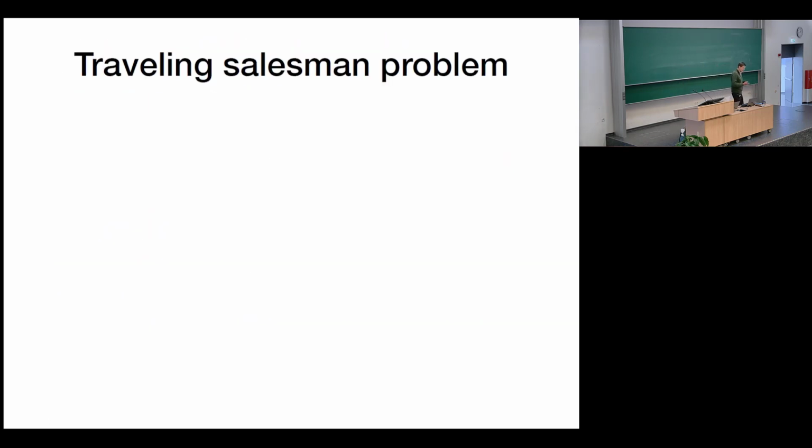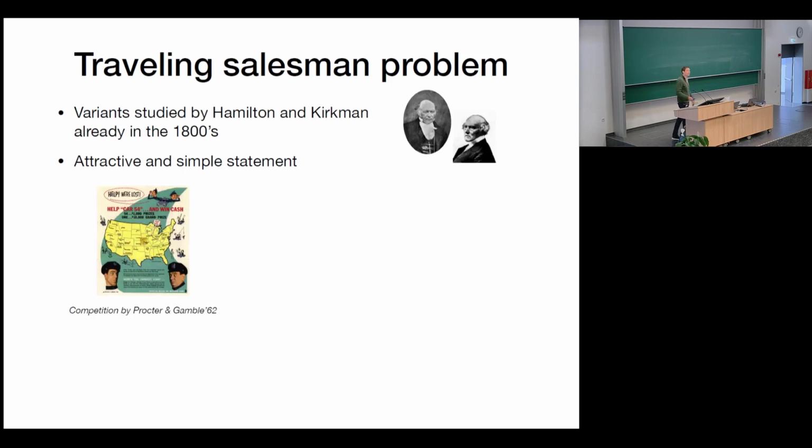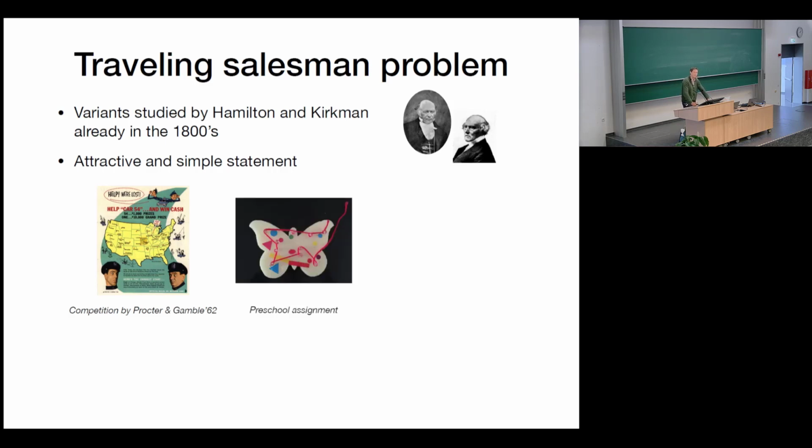The second problem that we're going to talk about is the traveling salesman problem. This is: find the shortest tour of n cities. It's a nice, attractive statement. It's been studied since the 19th century. There are popular competitions for finding the shortest tour, even preschool assignments.